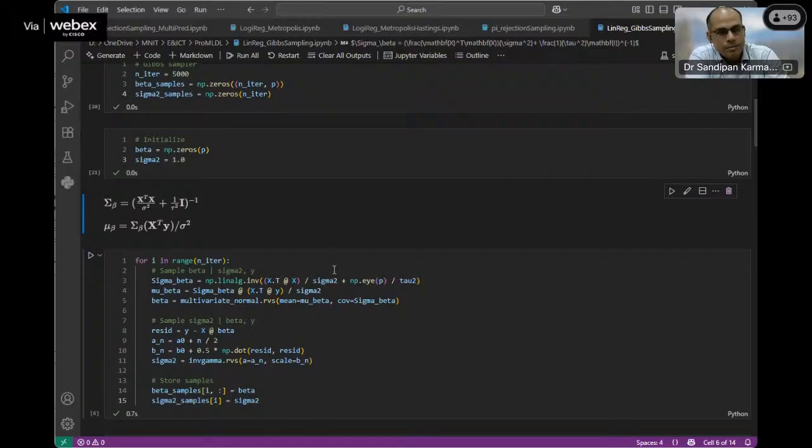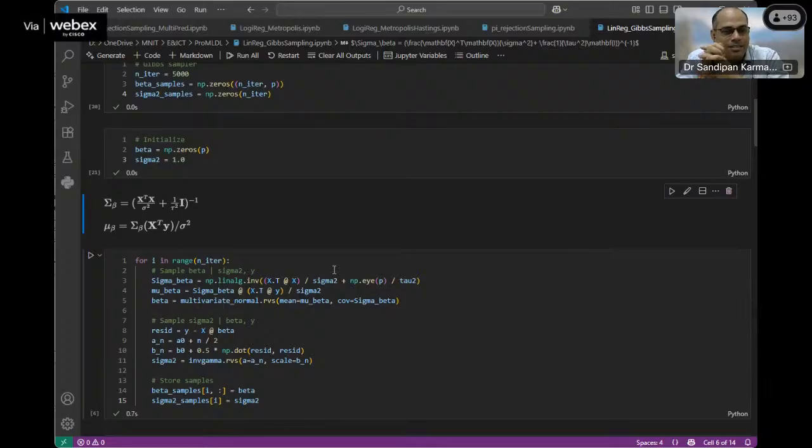Is it okay? Can you tell me, I actually calculated this particular mu beta. There I got x transpose y multiplied by sigma beta, plus something I got, right?